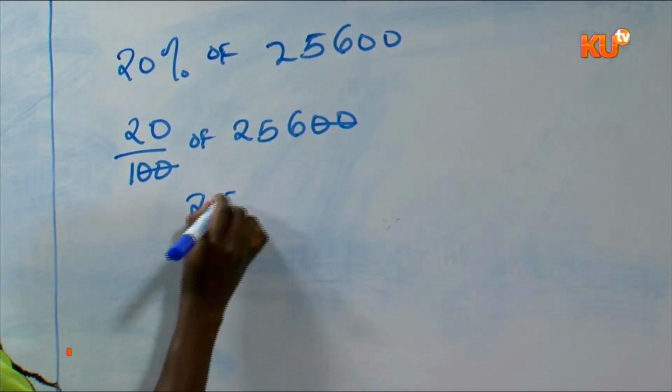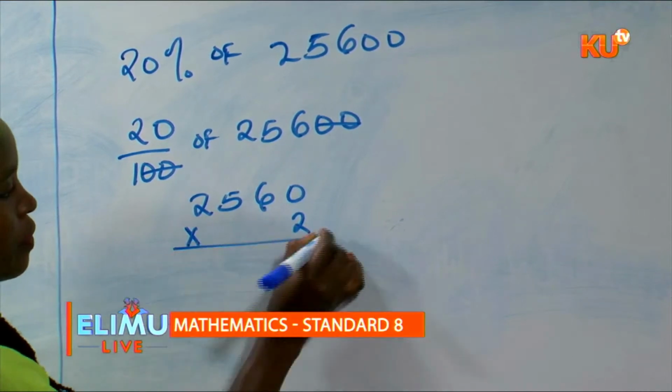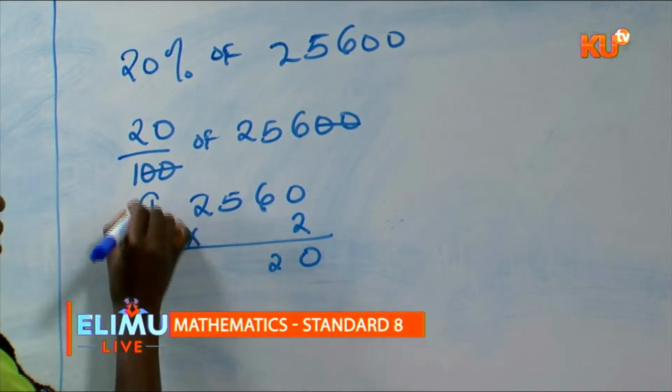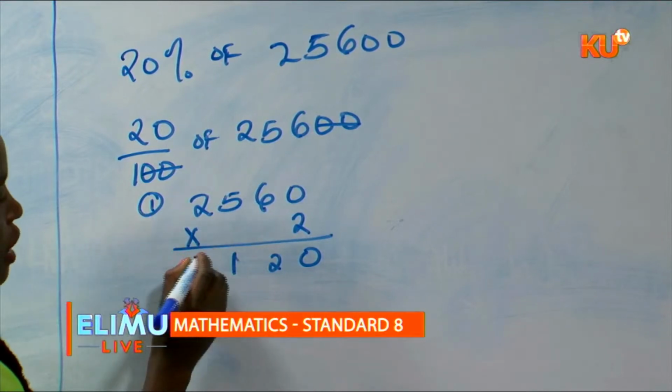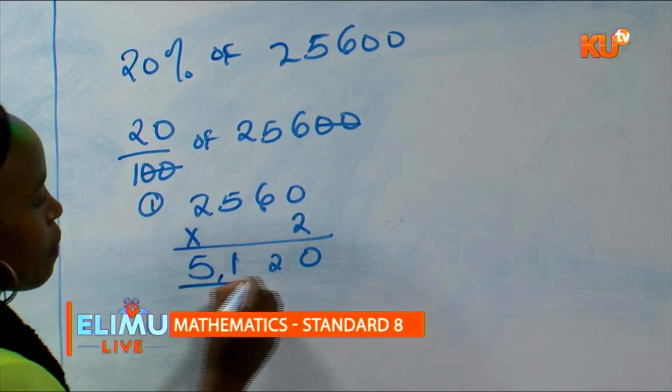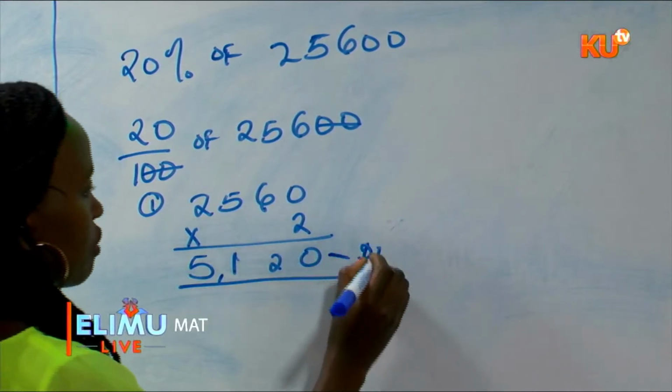So 256 times 20. 12, carry 1, 10, 11, carry 1, 5. So 5,120 was the discount given.